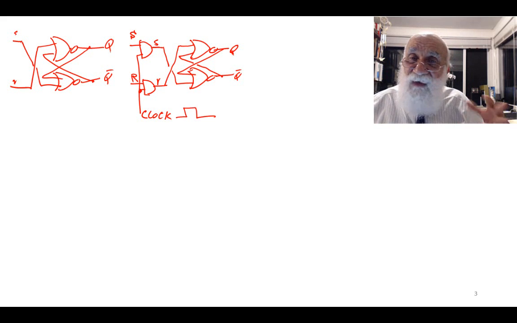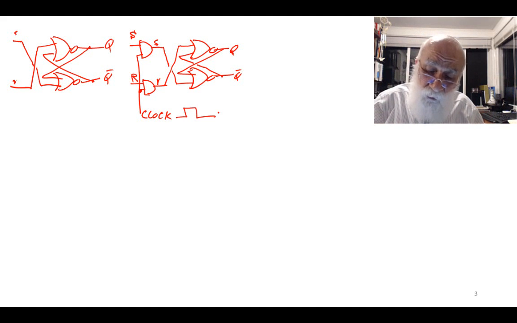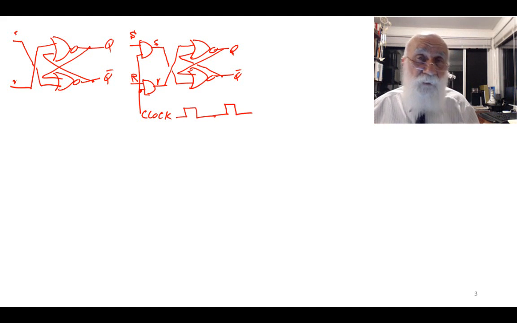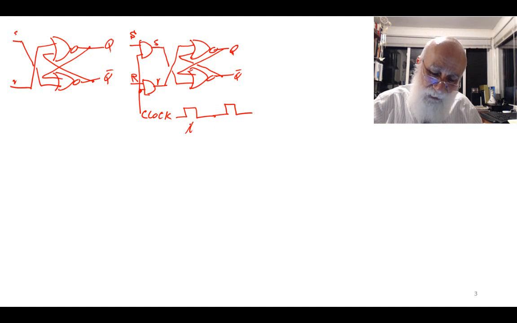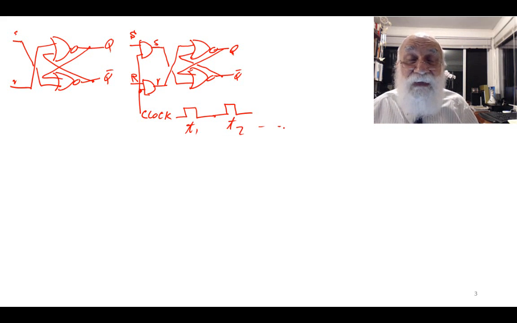And then whatever happens to S and R outside of this circuit, the circuit completely ignores until the next time I put a pulse on the clock. Okay? So this means time 1, this means time 2, and so on. So indeed, with this clock, I introduce some timing into it.